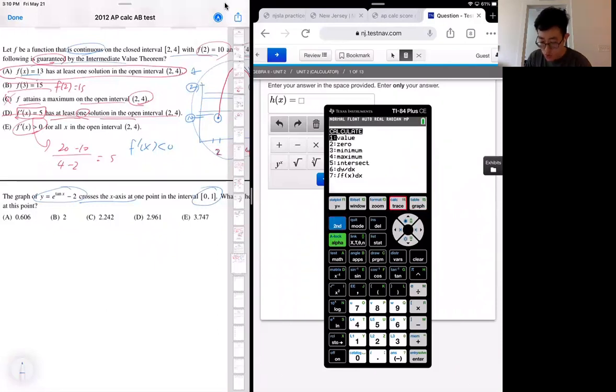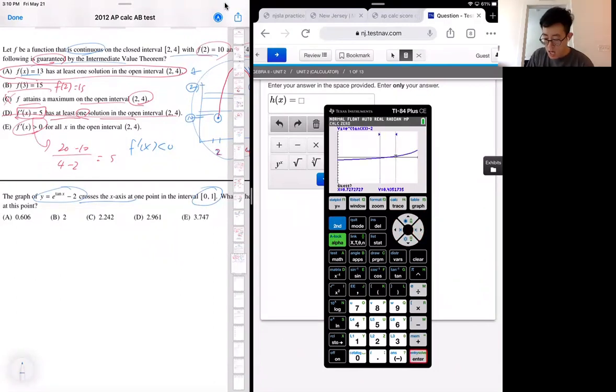If you press second trace, which allows you to calculate all these different cool things, one of the things you can ask the calculator to do for you is calculate the zero. Click the left boundary of where the zero is going to be. So the zero is somewhere over here, right? You move the cursor maybe towards the left-hand side of that, which gives you a little bar here, and then you keep on going to the right, probably somewhere here.